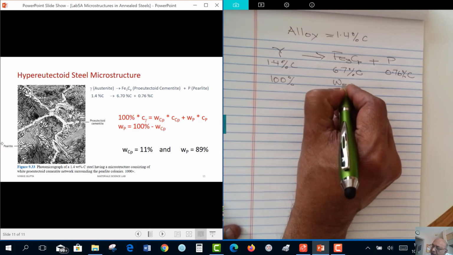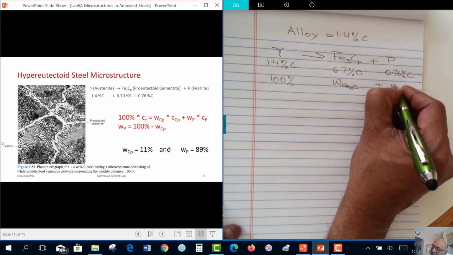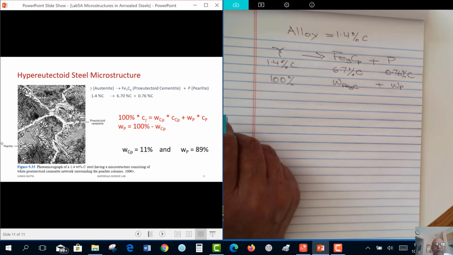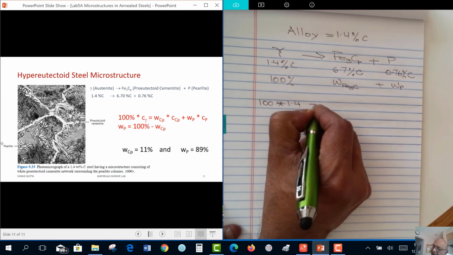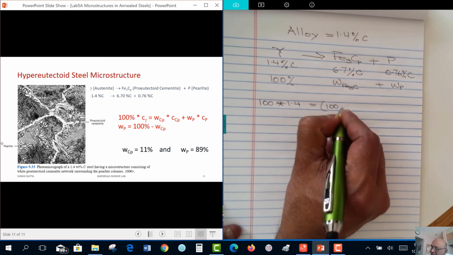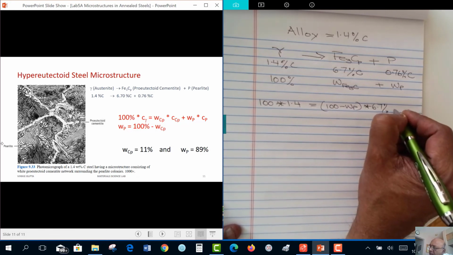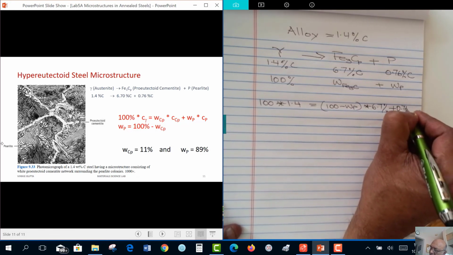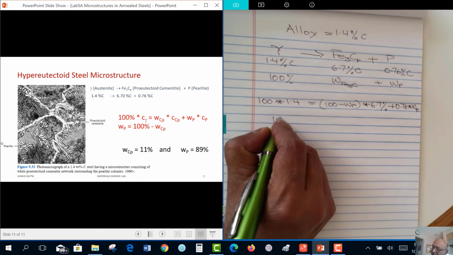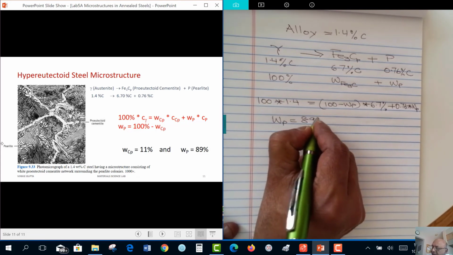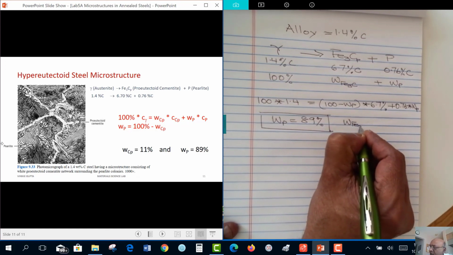Let's say we have this much of Fe3C cementite and this much of pearlite. So again, we can write 100 times 1.4, and this time let's convert this into Wp. Again, we have one equation, one unknown. We can solve for Wp. We will get 89%. So 89% is pearlite. And of course, the remaining would be this pro-eutectoid cementite.